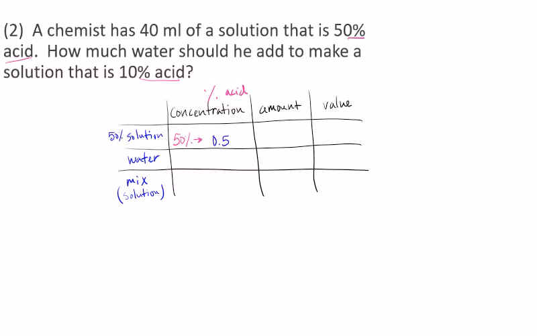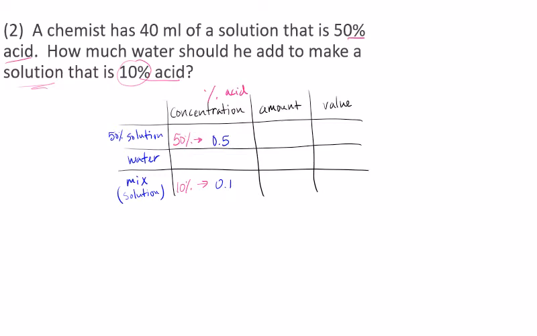The other concentration they give us is that we want to make a resulting solution that's 10% acid, so we want our mix to be 10% acid, and that's 0.1 as a decimal, correct?